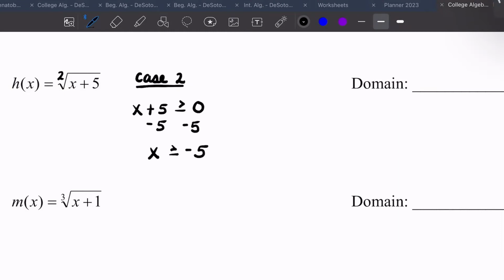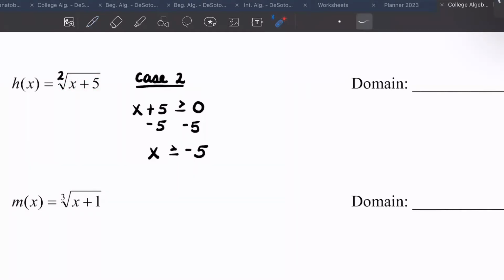Okay. So what does this mean? This means that as long as x is greater than or equal to -5, I'm going to be positive. Those are the numbers that I want. I want x to be greater than or equal to -5, because that way whatever's under here will be positive. Okay, which makes sense, right?